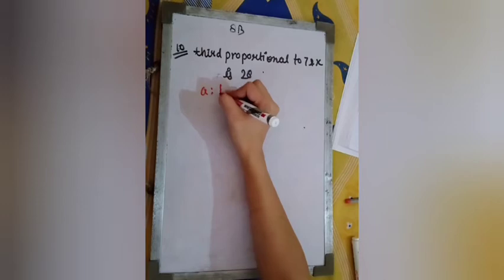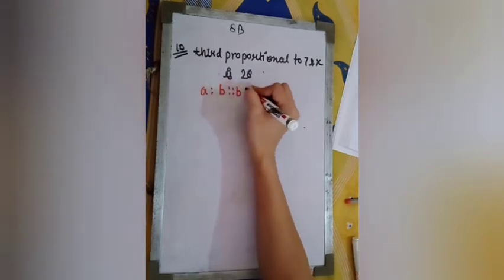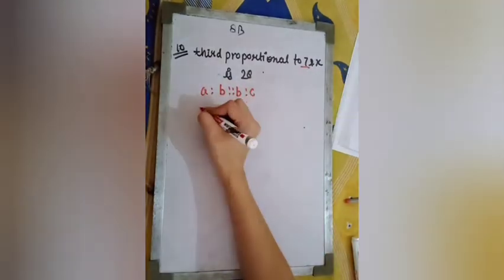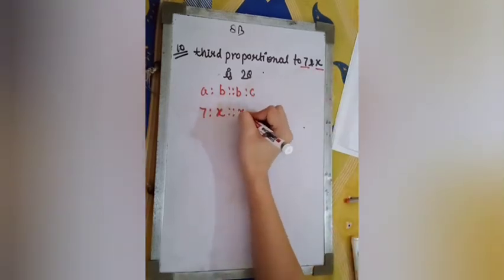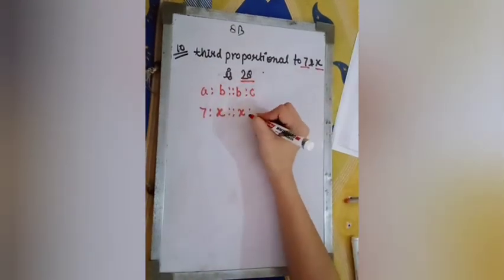See, this equation will be formed here: A is to B is to B is to C. Now this is A and this is B. The third proportional, that is C, is 28.